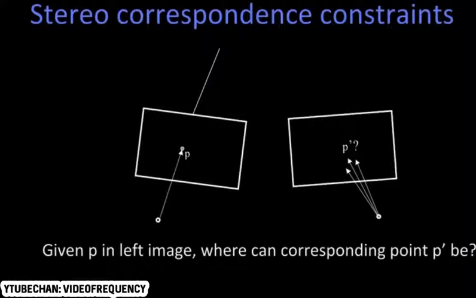So if I have an image on the left and some point P projecting in that image, the question is, where can P prime, the image of that same point on the right, be? Well, basically, the actual scene point could be anywhere along the ray that contains P prime. Each of these red dots corresponds to a possible location along that ray of the actual scene point that's projecting to P prime.